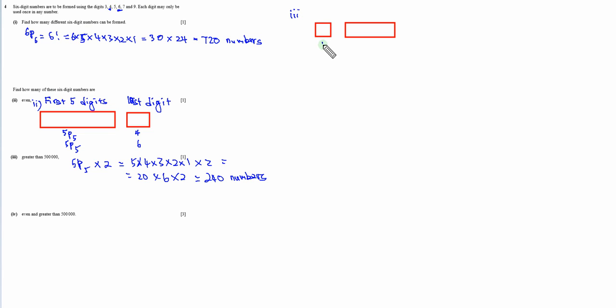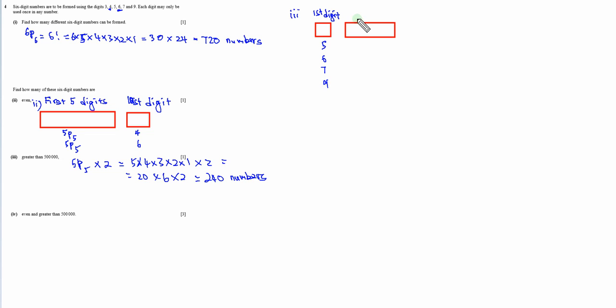So you can put 5, this is the first digit. Now you can put 6, you can put 7, you can put 9.